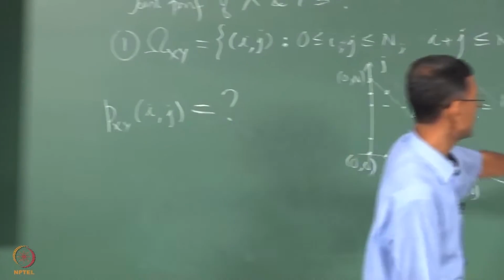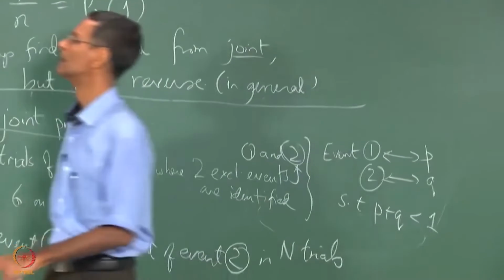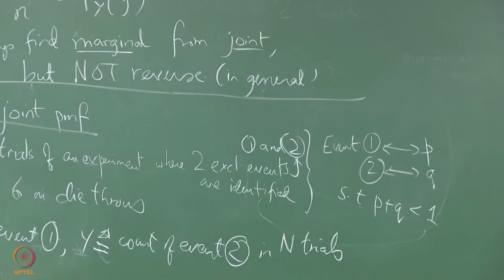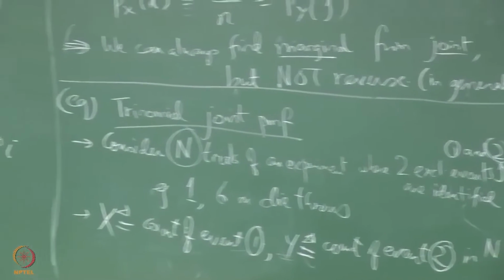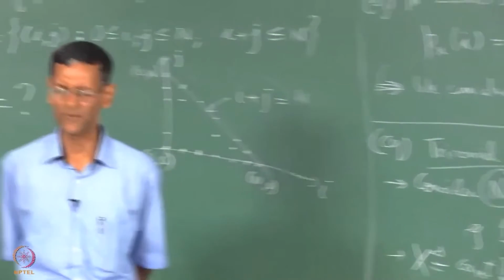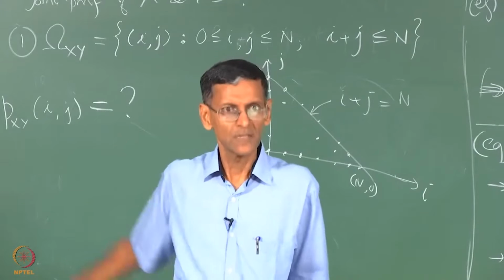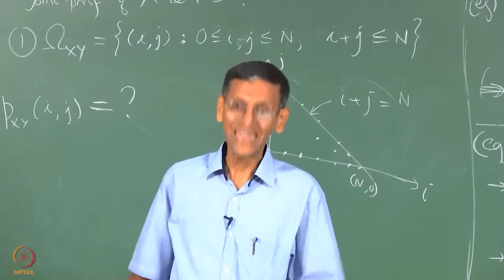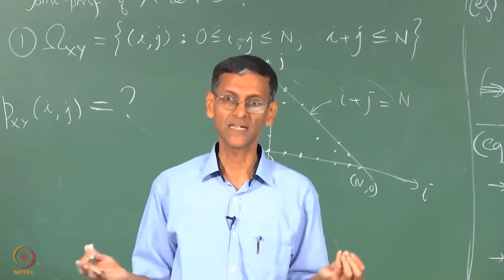Remember, x measures the count of event 1 which happens with probability p, and so straight away you are saying that event 1 occurs i times, event 2 occurs j times. That is what we are saying, right. And neither occurs n minus i minus j times.